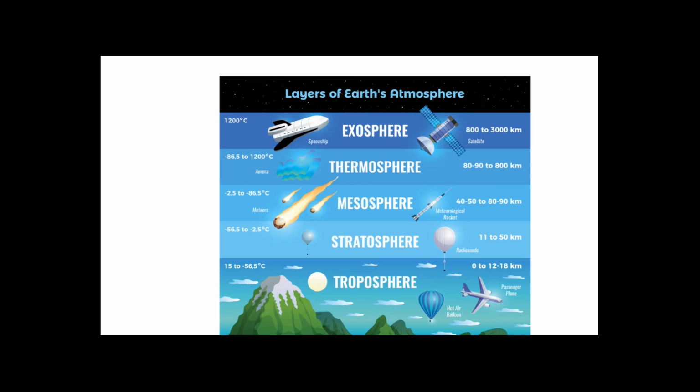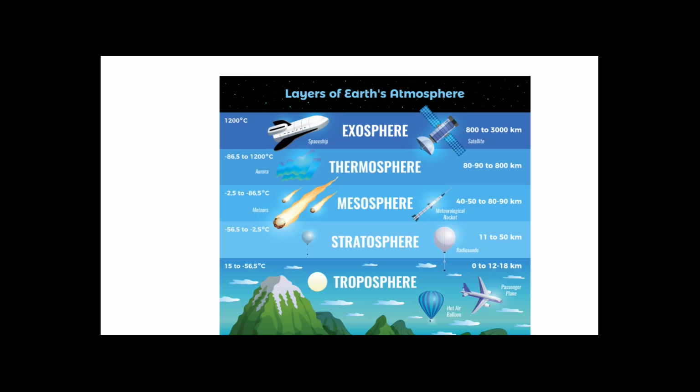After the biosphere, we have the atmosphere. The atmosphere has these different layers to it: the exosphere, the thermosphere, the mesosphere, the stratosphere, and the troposphere. In the troposphere, temperature decreases as we increase in height.